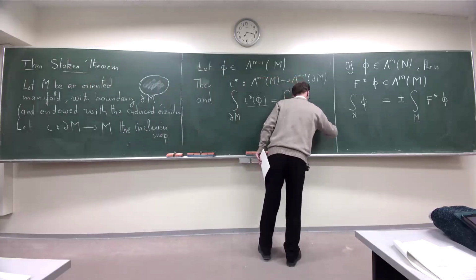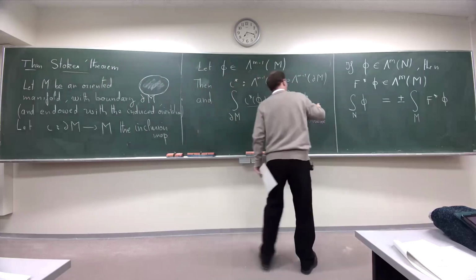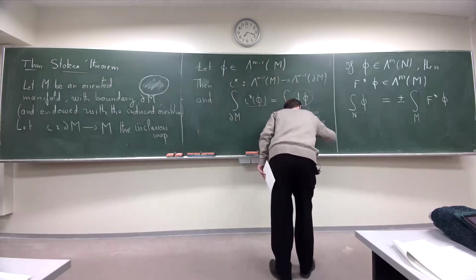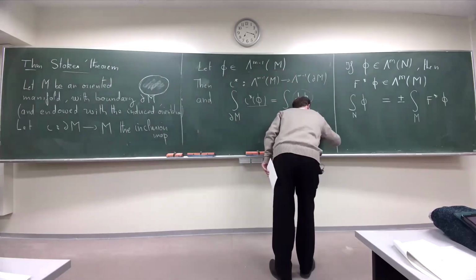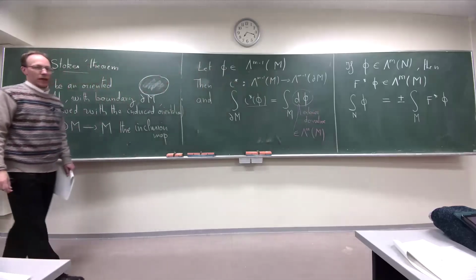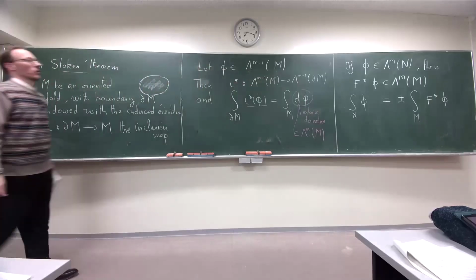The exterior derivative on a tensor field of degree M-1 increases the degree by 1. So it's an M form, and we can integrate this M form on a manifold of dimension M. This is Stokes' theorem.